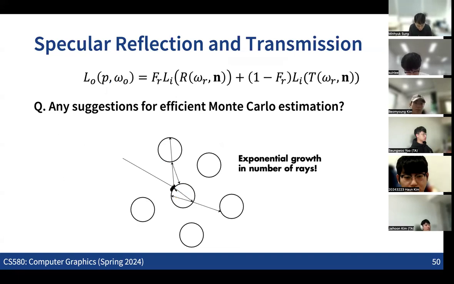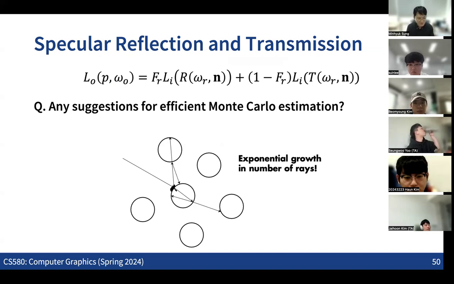At every intersection with a point, we shoot two rays, one for the reflection and the other for the transmission into the surface, and doing all this path tracing will result in exponential growth in the number of rays, right? So at every bounce, we're going to have two rays.